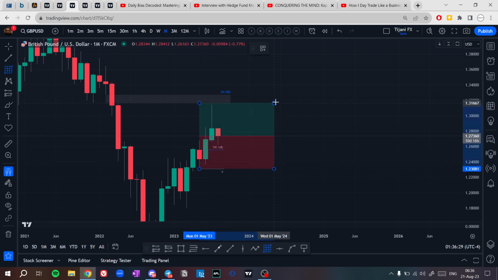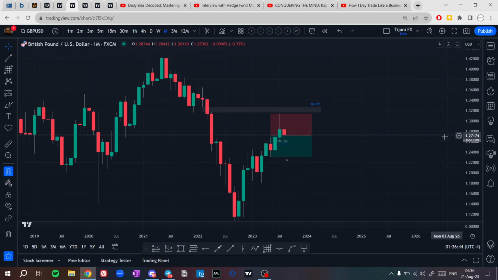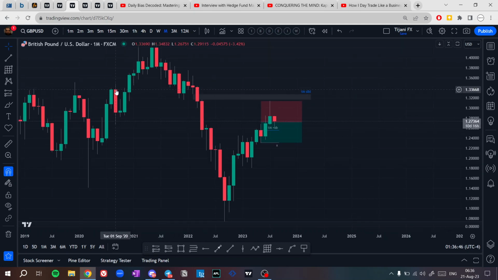Could say price is retracing to this range here to continue higher to the next target, as the monthly CB here. And if price takes this low, we're going to have a confirmation, as we said, that price has filled the quarterly mitigation block.